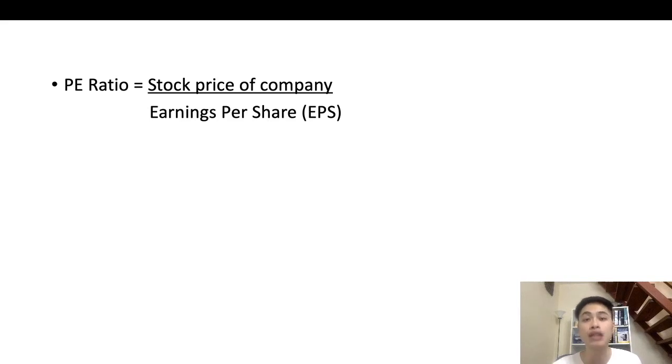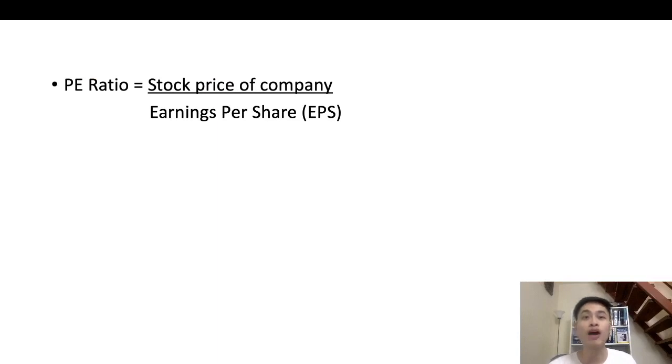For example, for the electrical equipment industry, as recently as January 2019, the average PE ratio was 356.28, while the education industry, on the other hand, was just 43.96. So as you can see, the PE ratios vary from industry to industry.